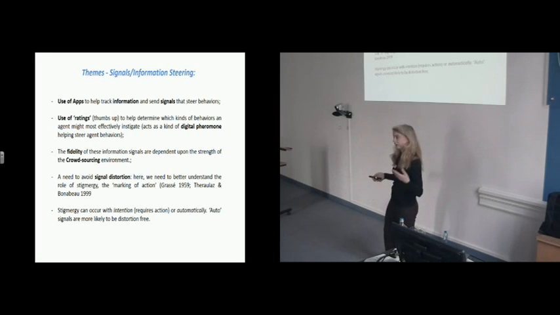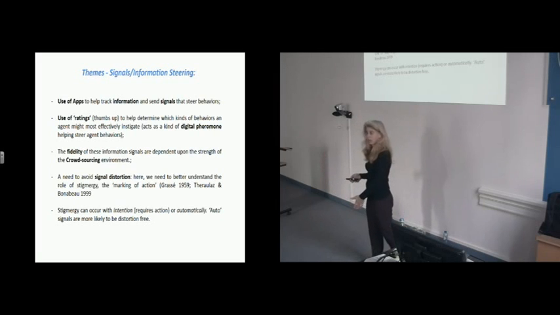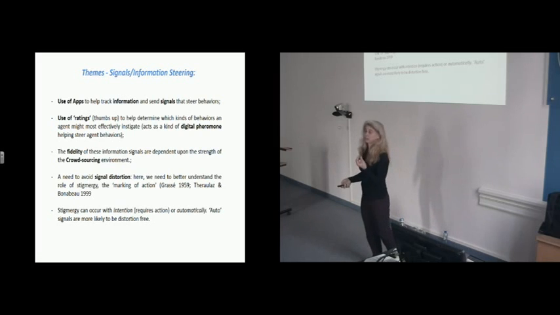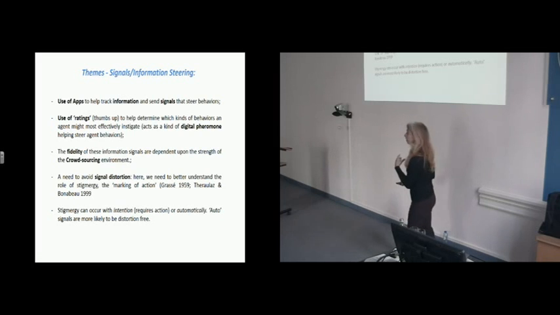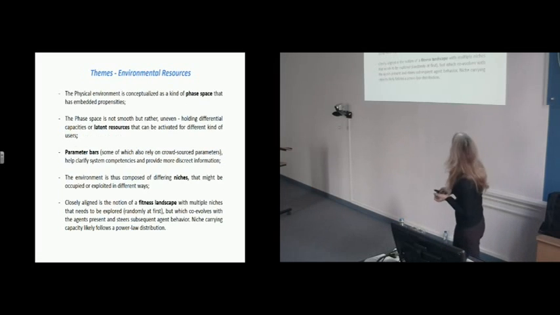But if you have signals that are left simply by an environment being activated, for example, when someone walks across grass in a park, they're leaving a trail, and that becomes a stigmergic signal. That requires no additional cognitive action other than performing the act. And so are there ways in which we can ensure that the acts are very clear and distortion-free?